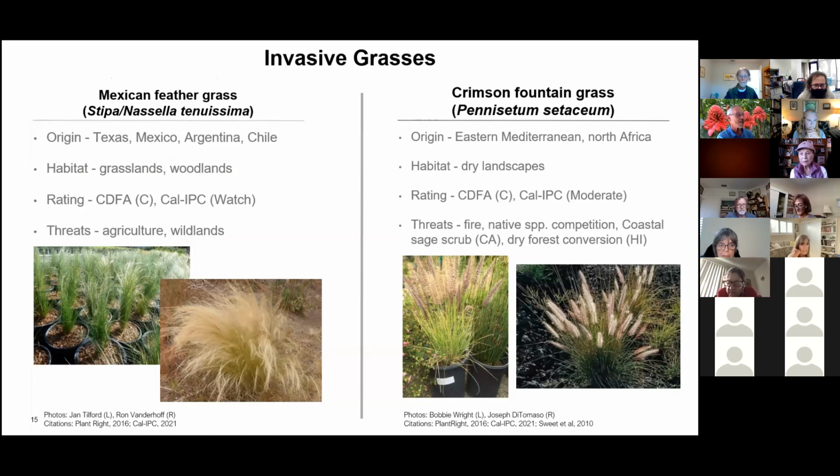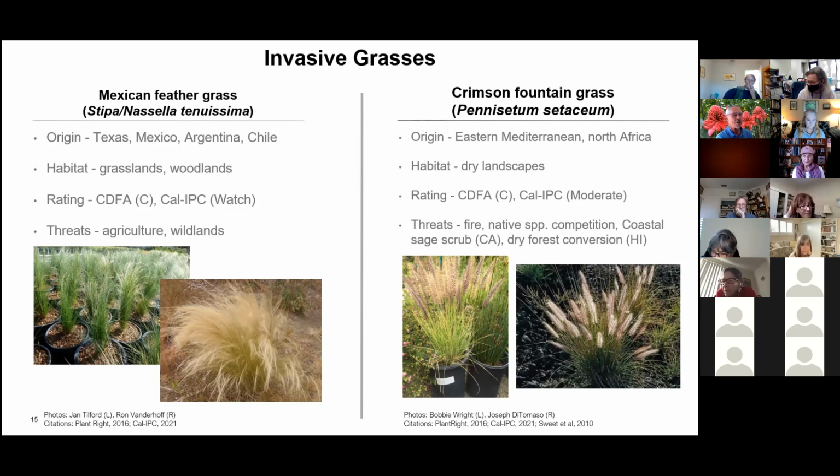So here's some examples. Invasive grasses, some of these may surprise you. Just on our street, we've seen people planting Mexican feathergrass, and that's a really pretty feathergrass plant, but it's spread all over our street. So be careful, try to avoid this.